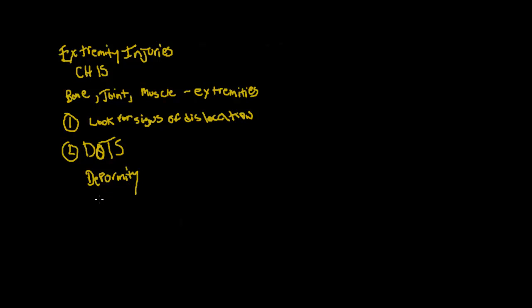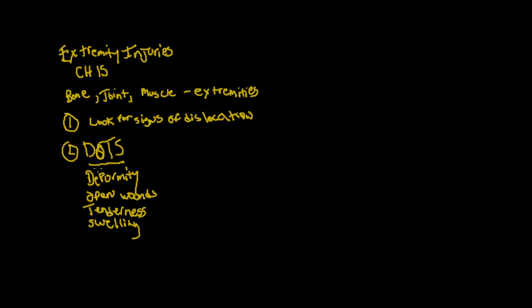So you're looking for deformity, open wounds so that you can treat them. Looking for tenderness at the site. And you're also looking for swelling. So that's what the acronym DOTS stands for.